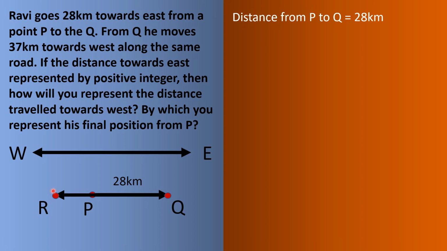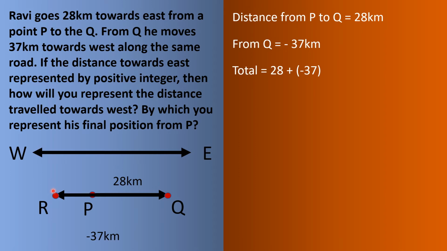It means like this: Q to R, and distance minus 37 kilometer. Why minus? Because it is the opposite direction. If we are treating east direction as a positive integer, then definitely west direction we will treat as a negative integer. So that's why it is minus 37 kilometer. Now we need to find out the total.